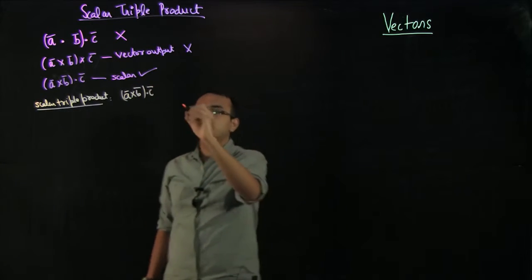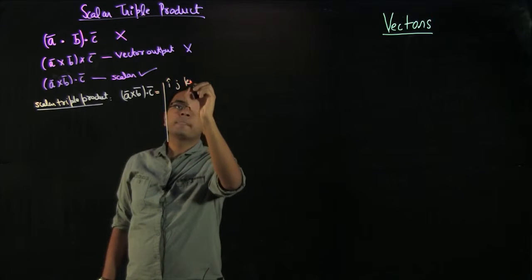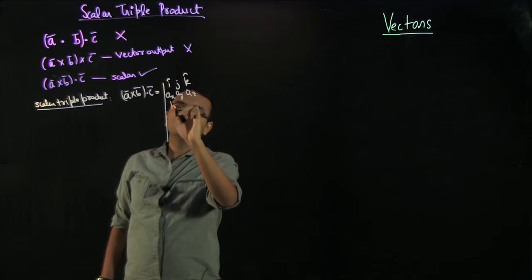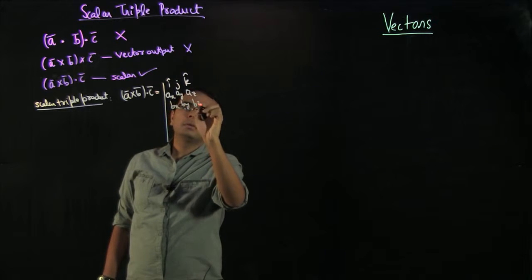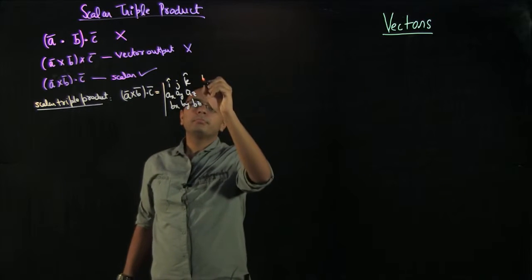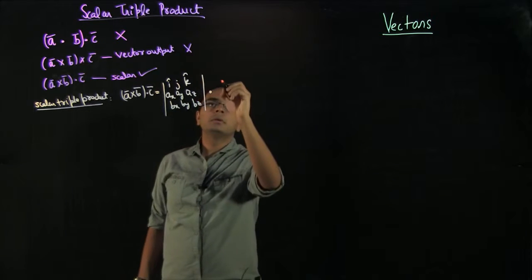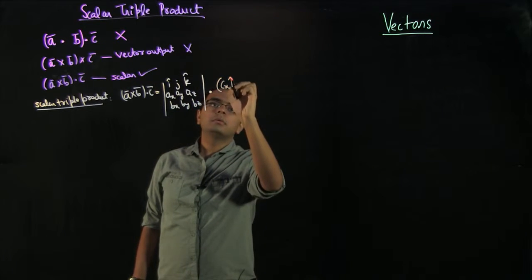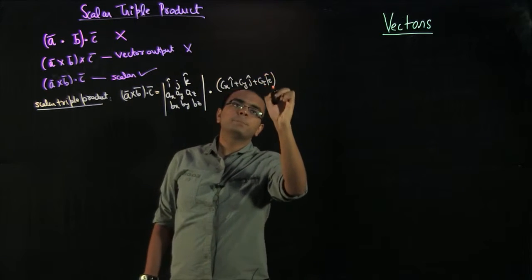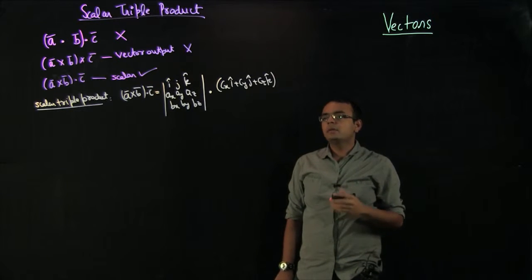What does this mean? This means that if I know what A cross B is, and this is dotted with C, right? So how can we then get the answer?